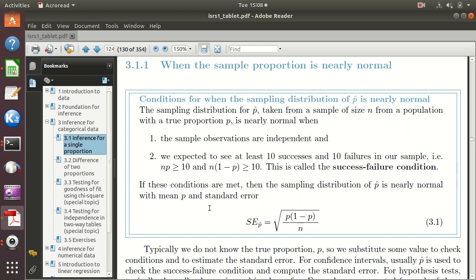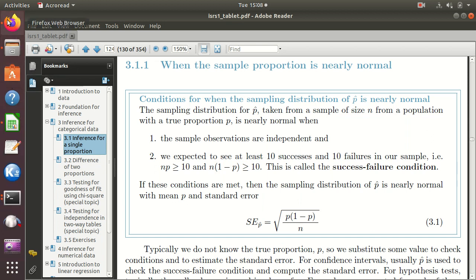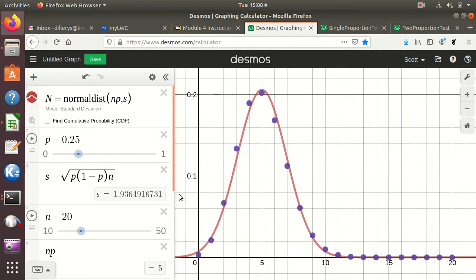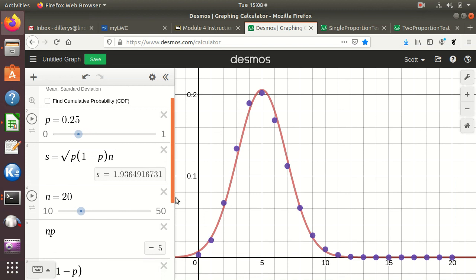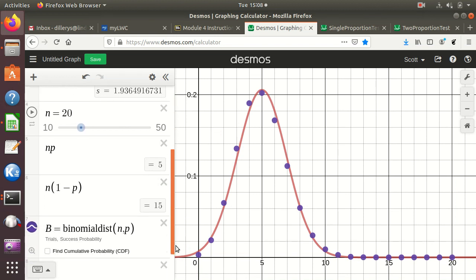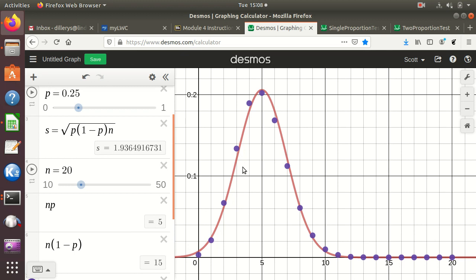Well, I thought I'd go to Desmos and show you. I did this quick thing with a normal and a binomial distribution, because the binomial distribution is actually what the proportions are behaving like if they follow their rules, being independent trials. Those blue or purple dots are the values of the binomial distribution, and they should only be at particular values of x, because n is capped at 20.